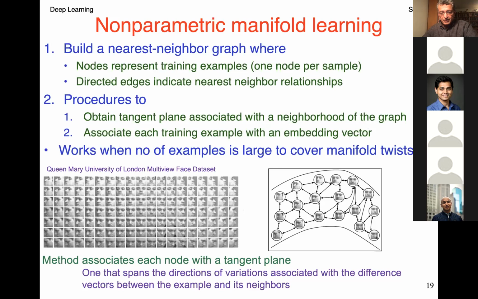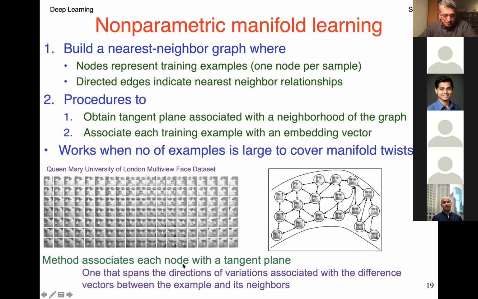And now we are talking about how they're all embedded on a particular surface. So the vector changes from here to here, and those are nearest neighbors. It works when the number of examples is large enough to cover manifold twists. So we have lots of examples. The manifold may be twisting around. We talked about things like the Klein bottle and so on, which goes around and comes back again.